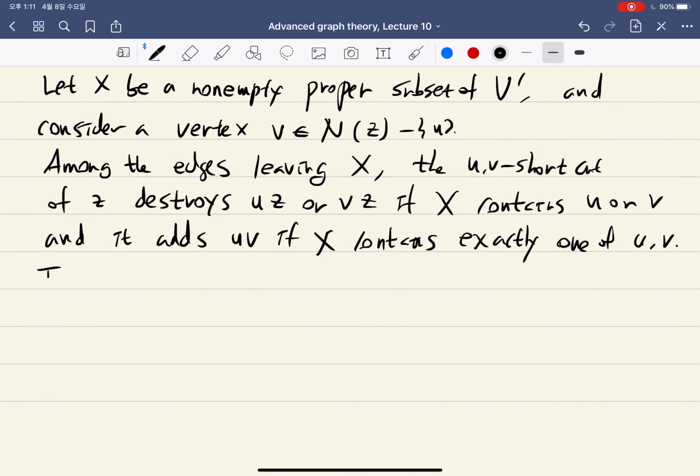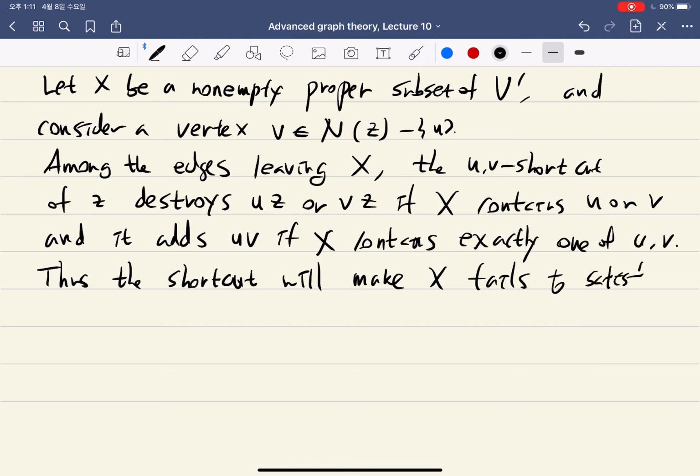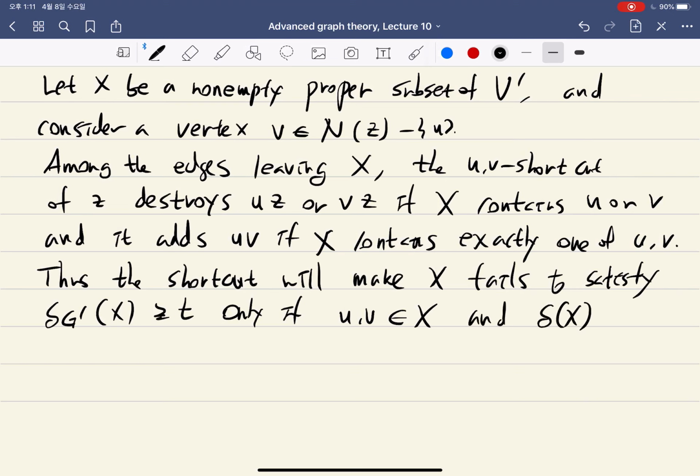So thus the shortcut operation makes X fail to satisfy this only if U, V are both in X and the number of edges leaving X is at most T plus 1.